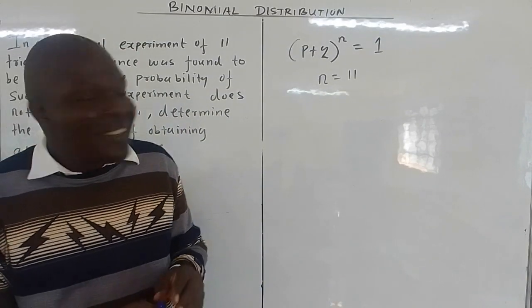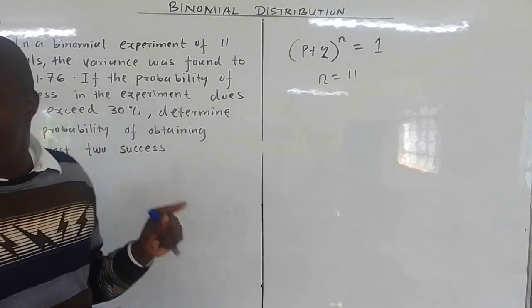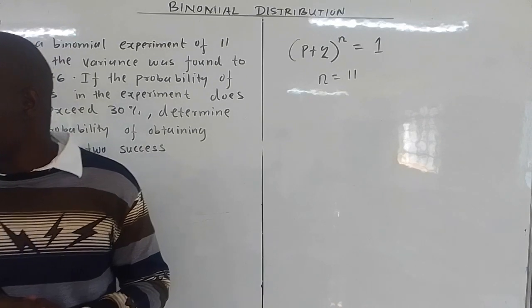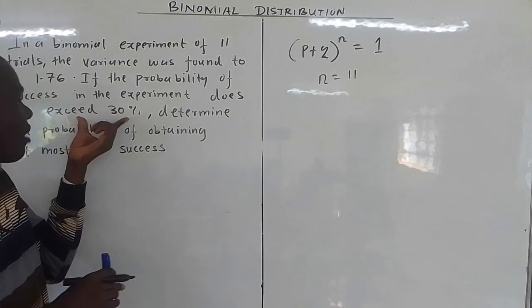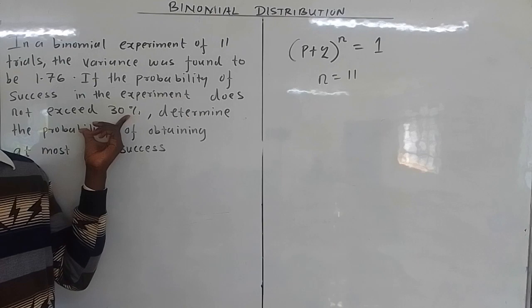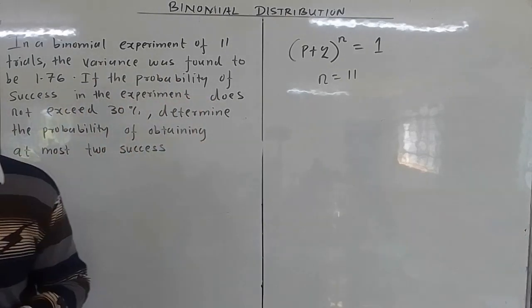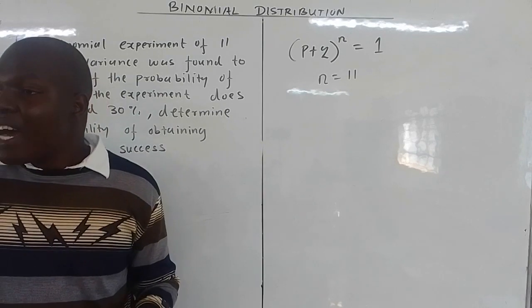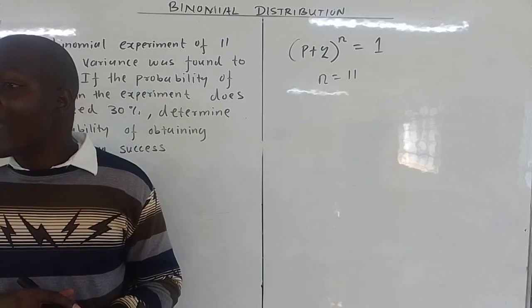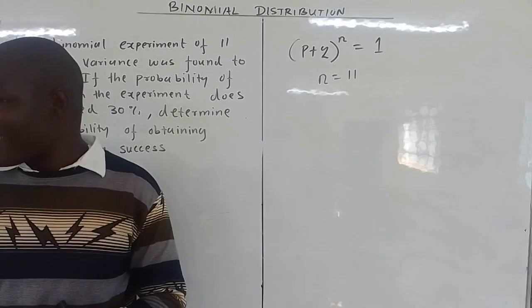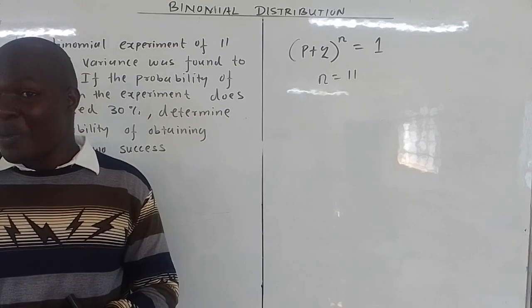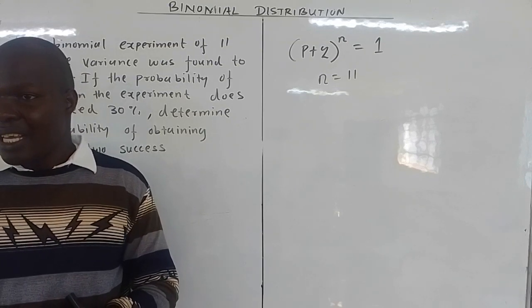If q does not exceed 30%, then q becomes the success. Those definitions we make after we've obeyed the rule here, because they're telling you if the probability of success in the experiment does not exceed 30%, meaning the value of p you are going to take is the one that does not exceed 30%. Are you getting the argument? Are we together? So let us start.